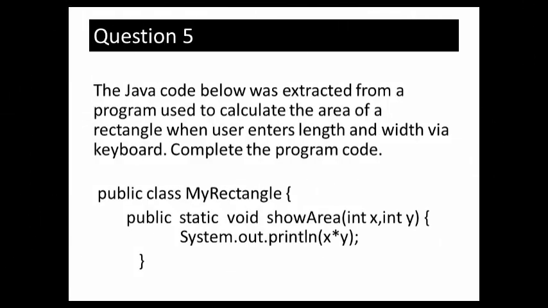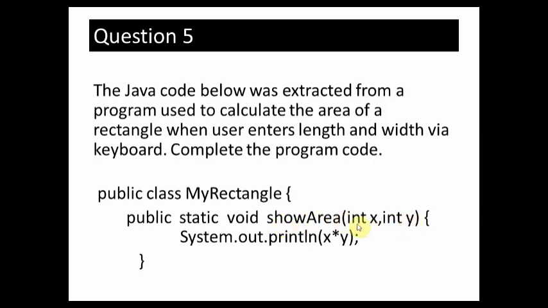Question number 5. The Java code below was extracted from a program used to calculate the area of a rectangle when a user enters length and width via keyboard. Complete the program code. So we have the program code here. It tells us that the name of the class is myRectangle, and then we have a method here that we are referring to as show area.